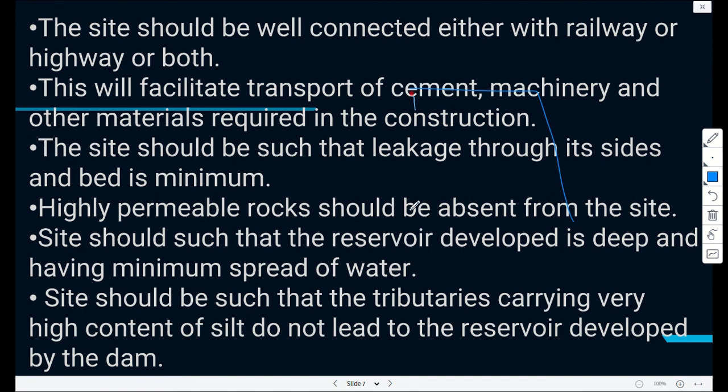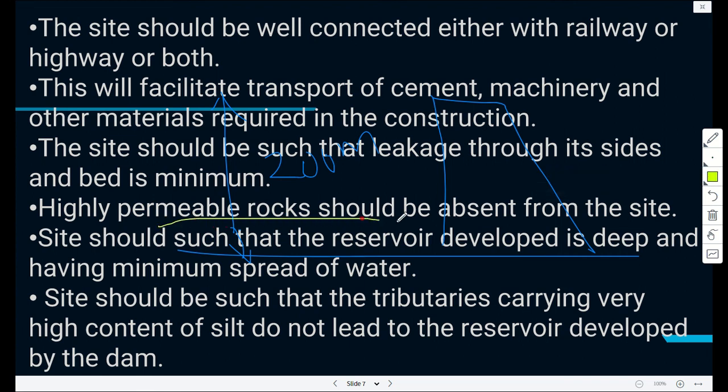So if this is your dam, and the initial height was, let's assume, 200, then the river brings and deposits silt there, maybe up to 10 or 20 or 30 meters.